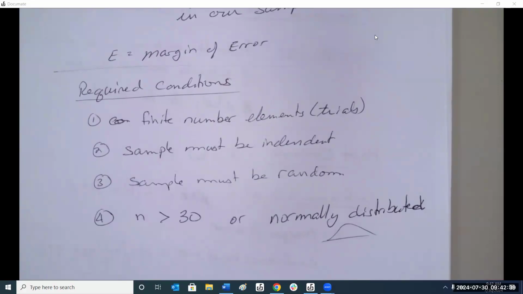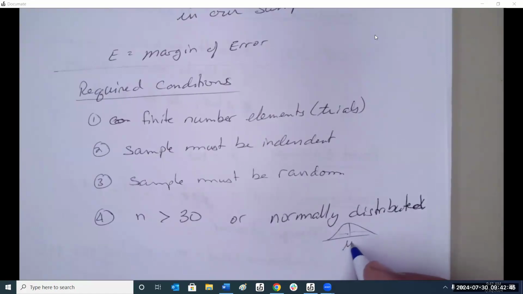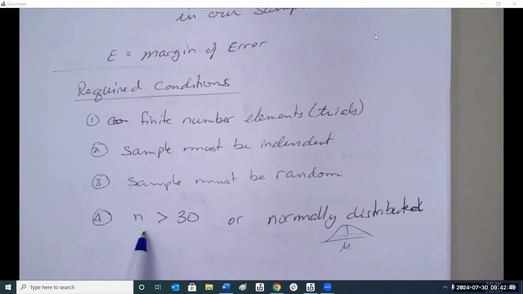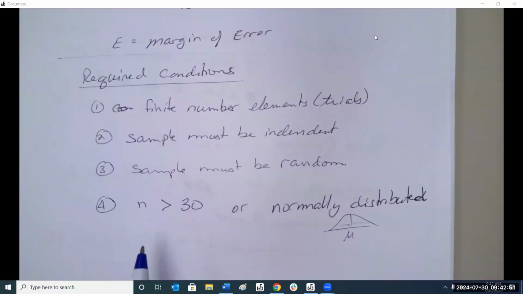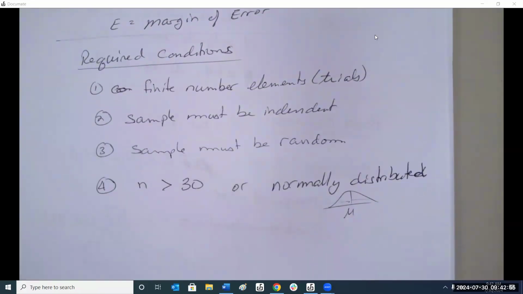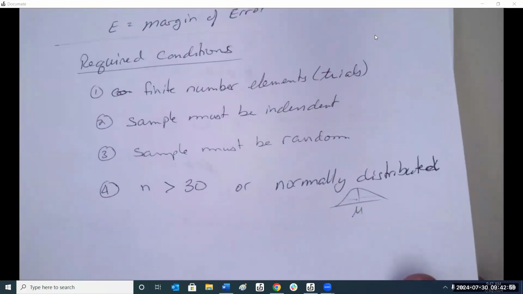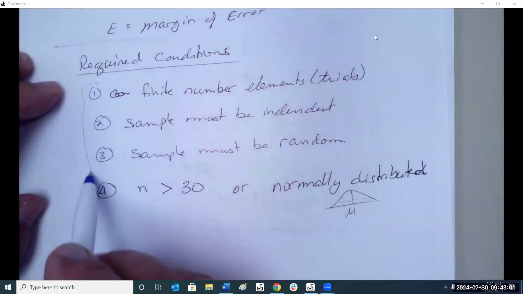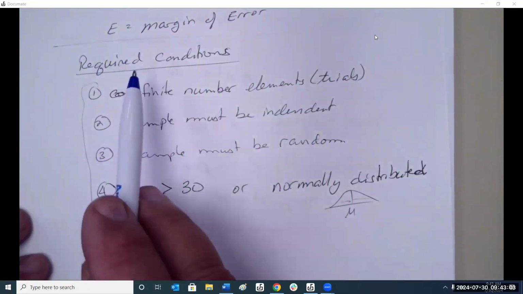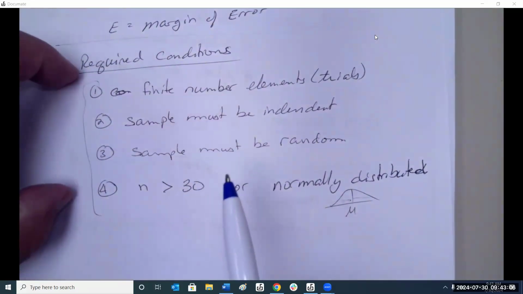Bell curve. The reason for that is if it's normally distributed, then 50% is on both sides of the mean. And if we don't know that, then we have to have a uniquely large sample. So these are what we have to check at the beginning of each problem, because if one of these isn't satisfied, then we can't use this method. We have to use another method.